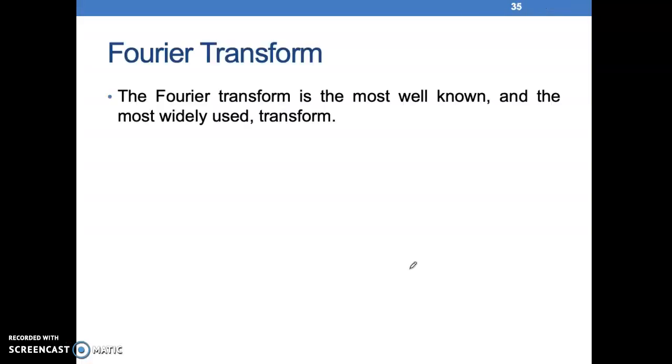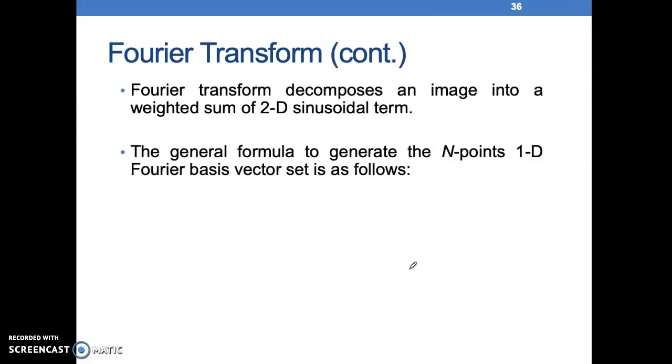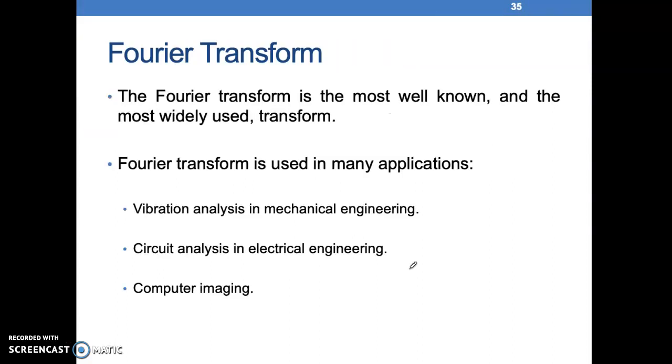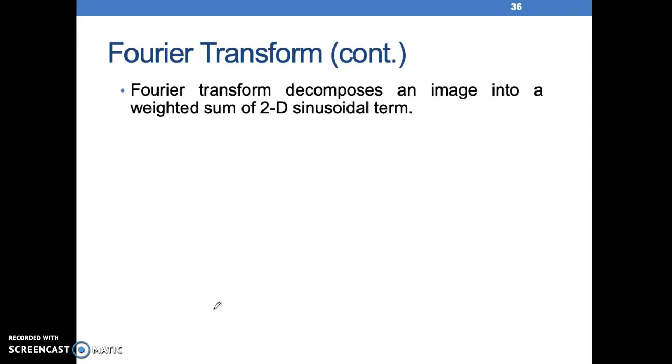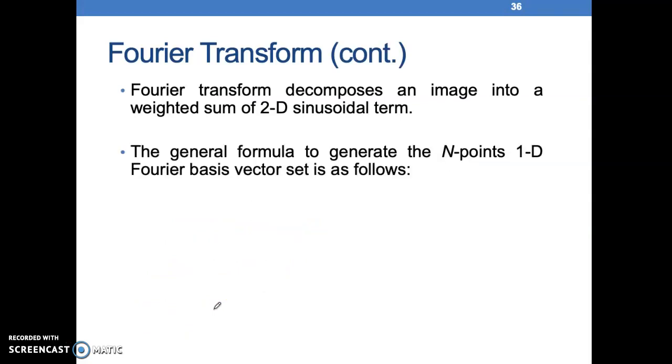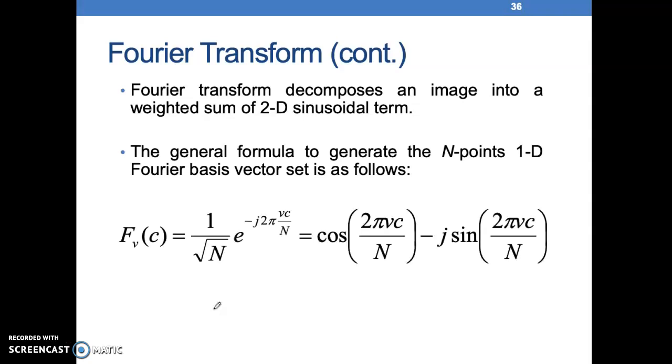So Fourier transform is most well known and the most widely used transform. So it is used in many applications. Okay, for this example, it decomposes an image into a weighted sum of 2D sinusoidal terms, where this is the formula to generate the n-point 1D basis vector.